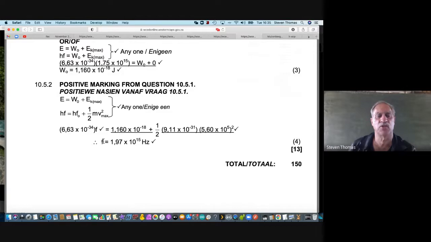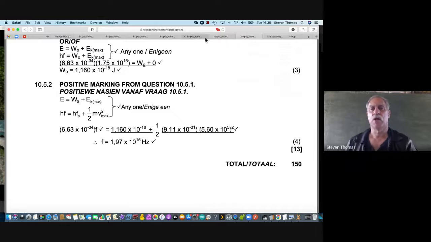And so there's the frequency that we finally have. So we take hf, h Planck's constant times the frequency you're trying to find, equals the work function plus the half, the mass of the electron times the velocity of the electron that they give us, the photoelectron. And from that, the only thing we're left to find is f, and it comes to that answer.